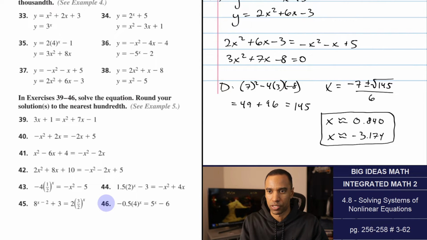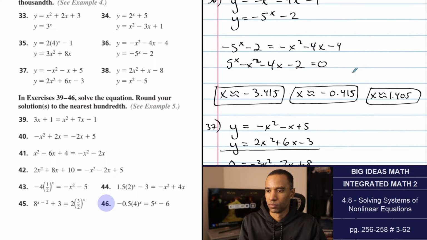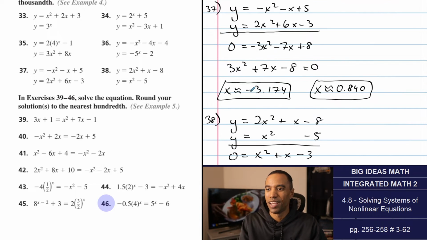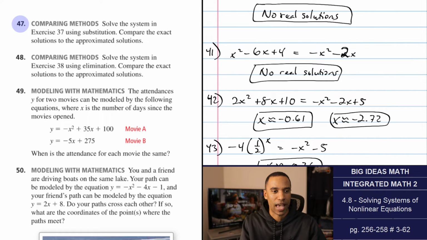Let's go to my number 37. Oh, I was like 36. That's why I got 3 answers. What happened? Negative 3.174 and 0.840. So they're the same when it comes to rounding, right? So what did they ask me to do for this? They said, compare the exact solutions.